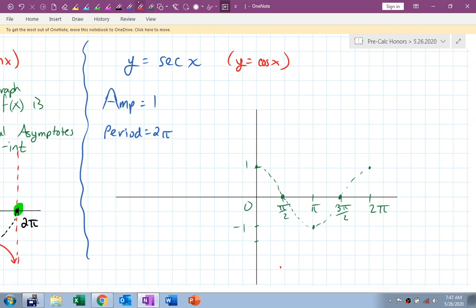The same exact thing's going to go. Any x-intercept, you're going to have a vertical asymptote. So now what that leaves us with are points at 0, pi, and 2 pi.